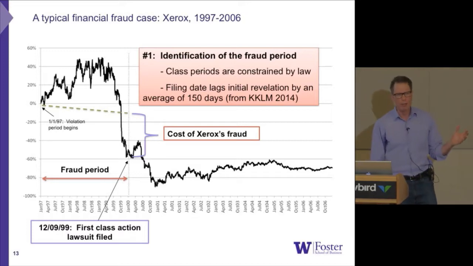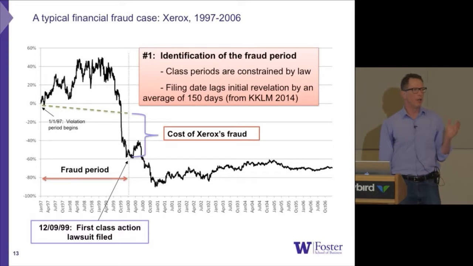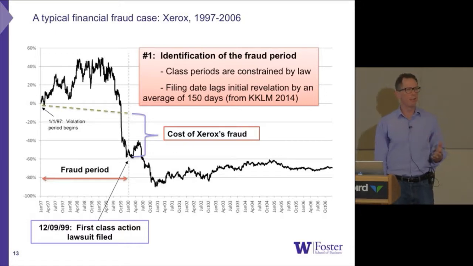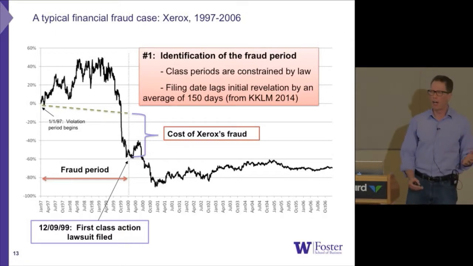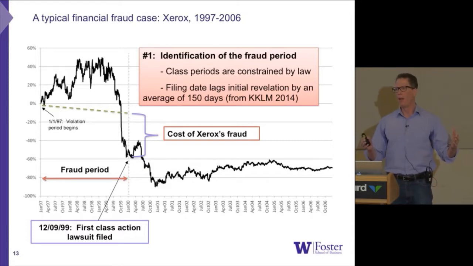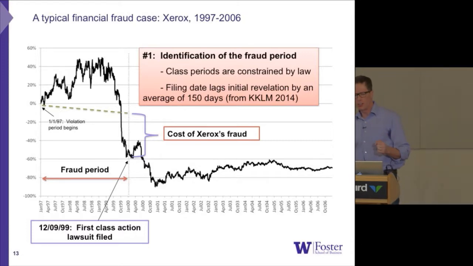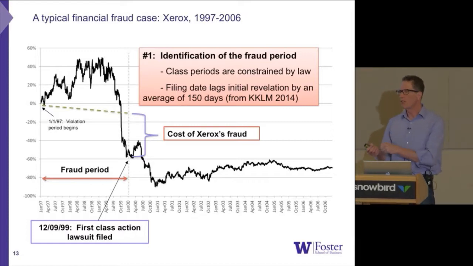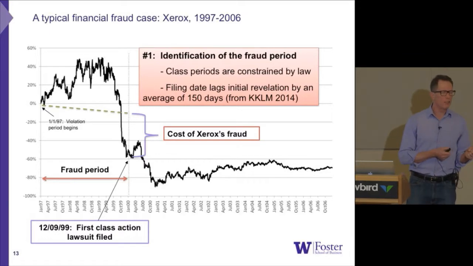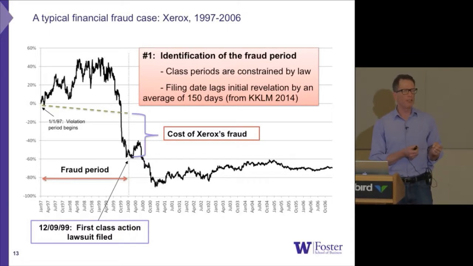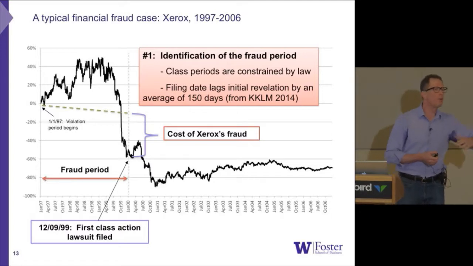For example, in the beginning, it's typical that class action lawsuits are constrained in the identification of the violation period by rules that affect the class period, how far back in time specifically you can go in launching, say, a 10b-5 class action lawsuit for misrepresentation or fraud. If you look at corresponding SEC releases for the same instances of misconduct, frequently you see the violation period is identified as going back much farther in time.